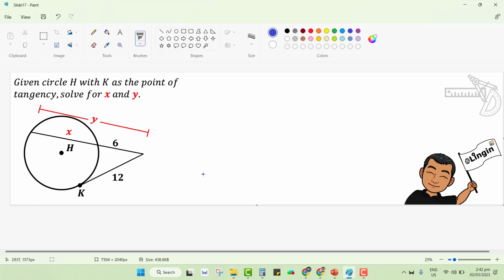The Tangent-Secant power theorem tells us about the relationship between the measurements of the tangent segment and the segments that can be drawn from the entire secant segment. So we have this secant segment from here to here, okay?